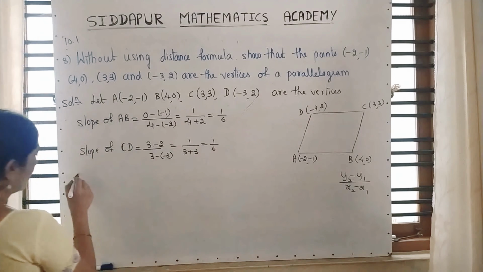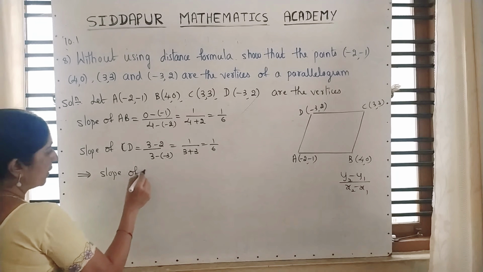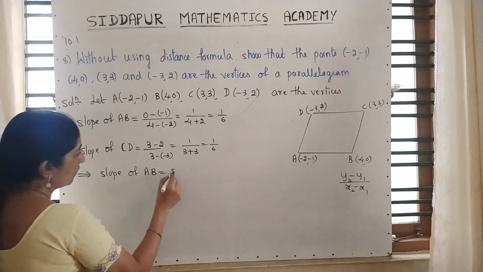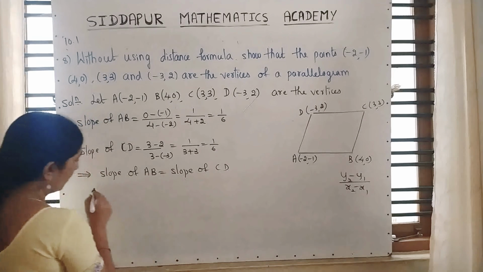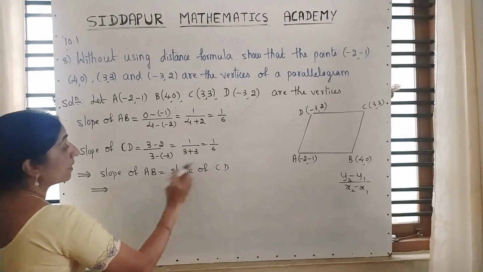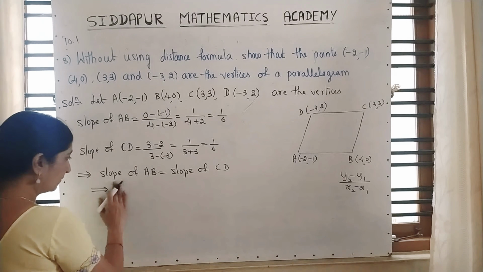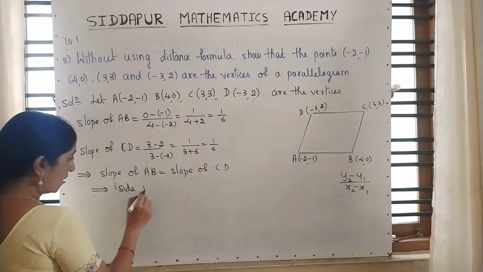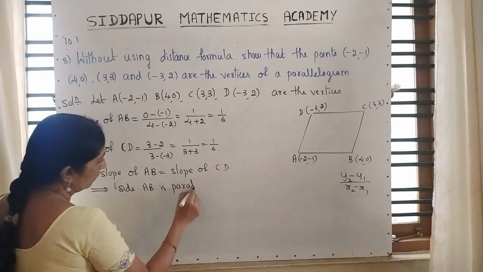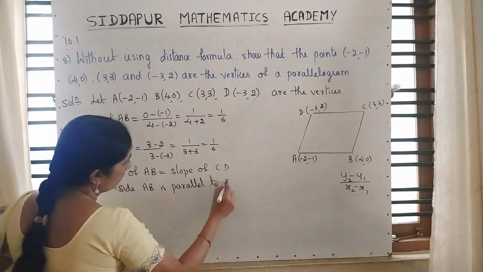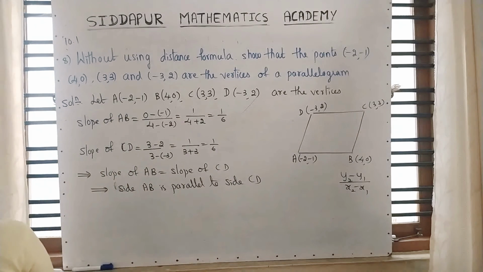See, this implies slope of AB is equal to slope of CD. This implies what? The points are not repeated. This implies side AB is parallel to side CD. We completed one part.